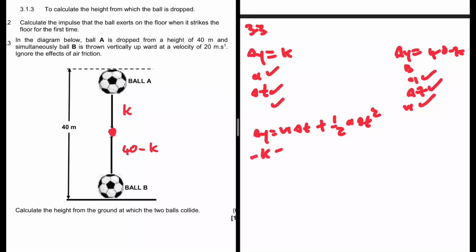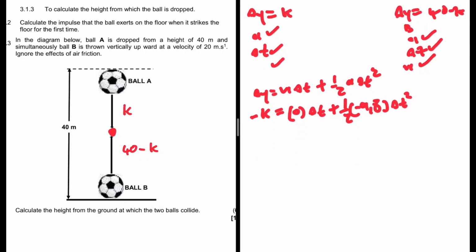The initial velocity, it is dropped, so it is 0. So we have 0 delta t plus a half acceleration, which is minus 9.8, delta t squared. So we're going to have minus k equals 0 delta t, that is just going to give us 0, and then we have minus 4.9 delta t squared, right?